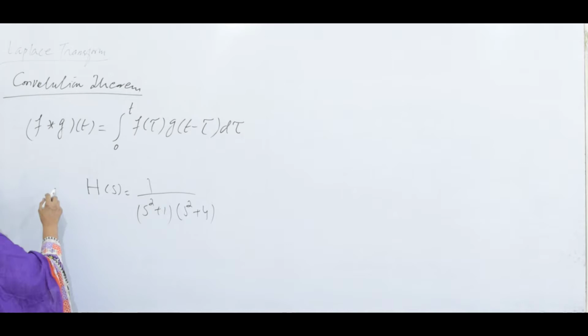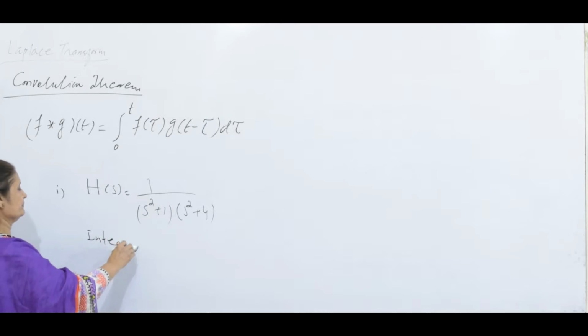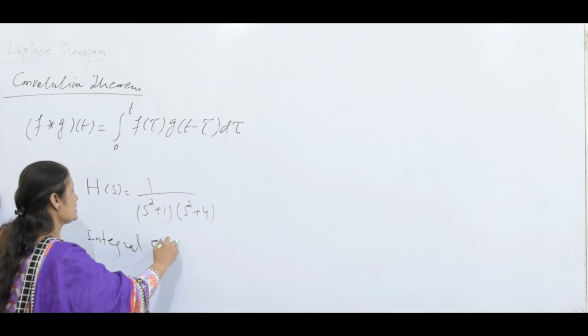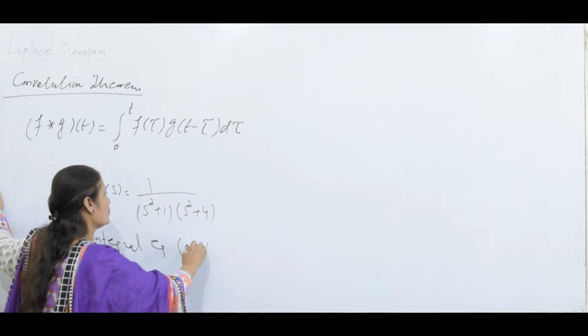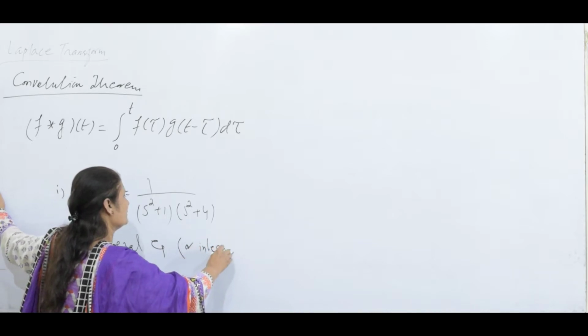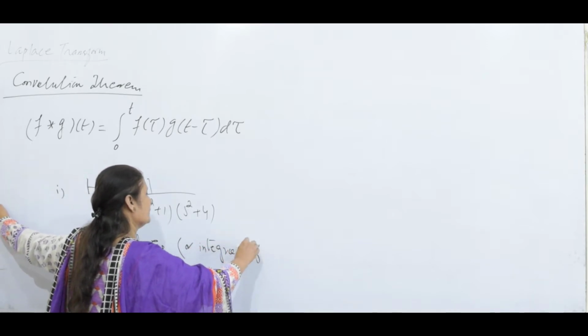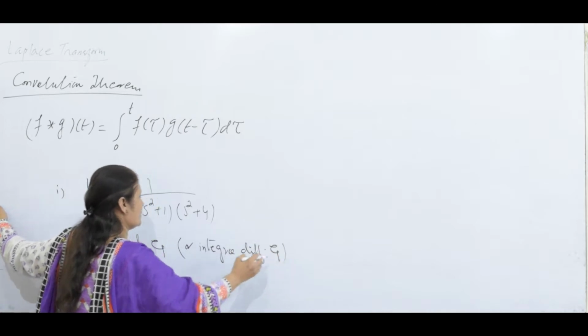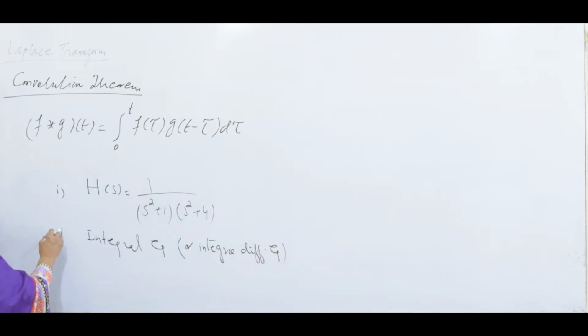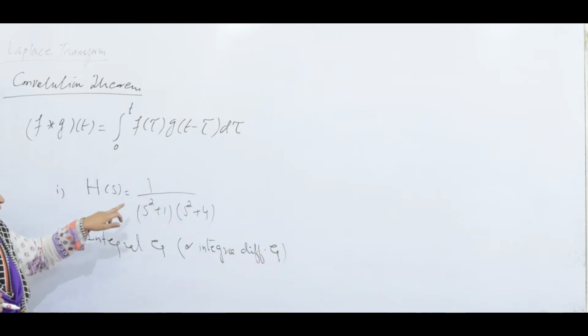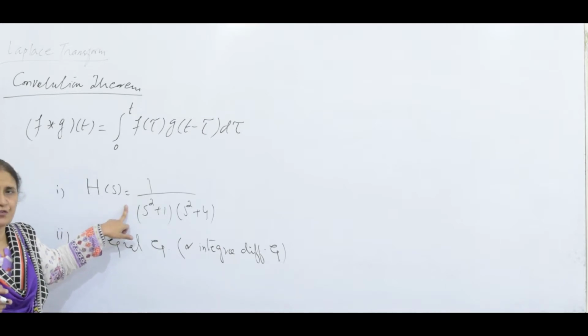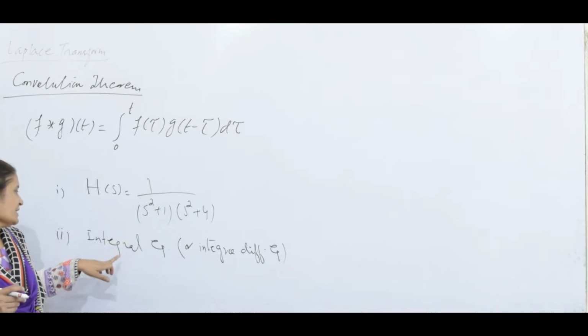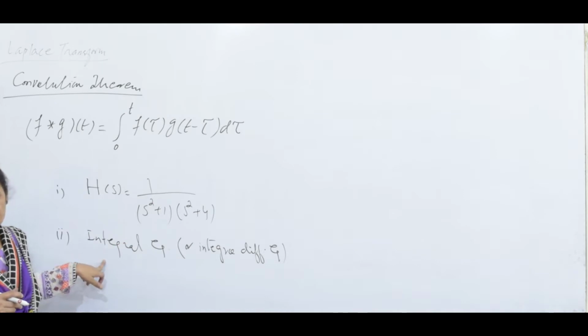Number two, convolution is used to solve integral equations or integro-differential equations. So first, it is an alternative to partial fractions. The second is that it is used to solve integral equations.